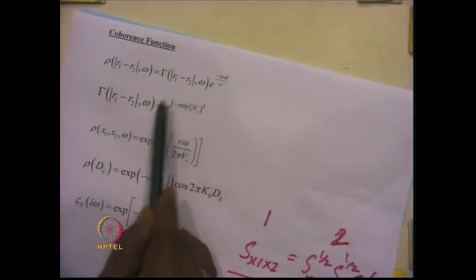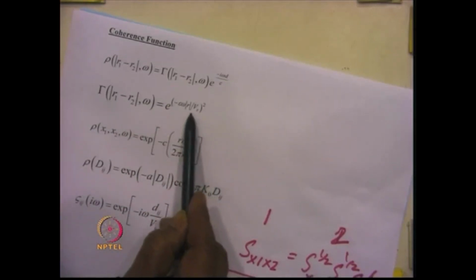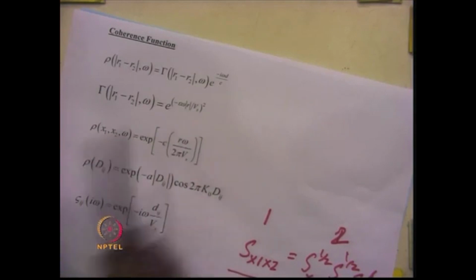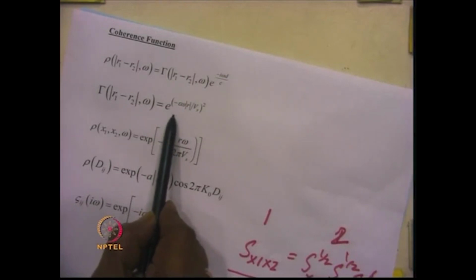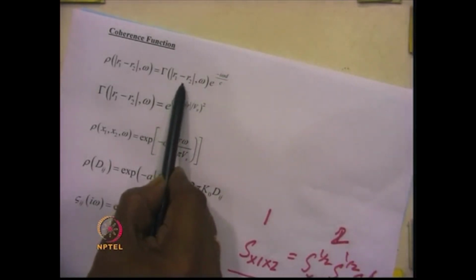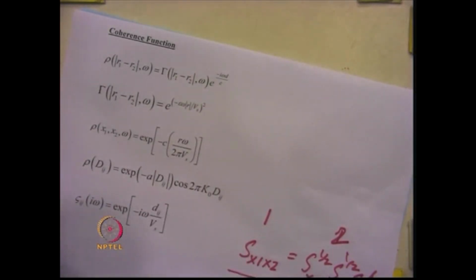This is also an exponentially decaying function with the shear wave velocity coming into the picture. So, using this into this over here, one can get a coherence function which will be a multiplication of two exponentially decaying functions.